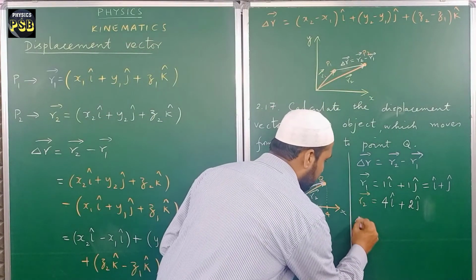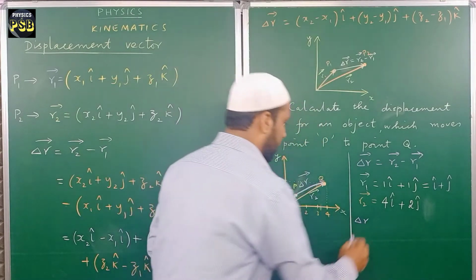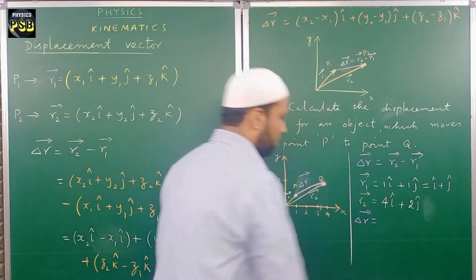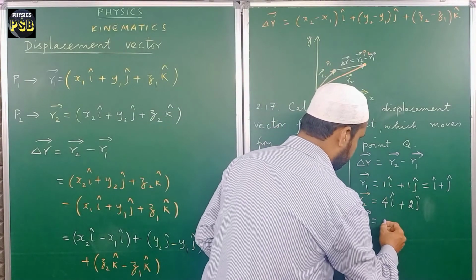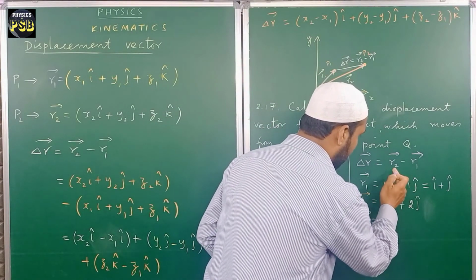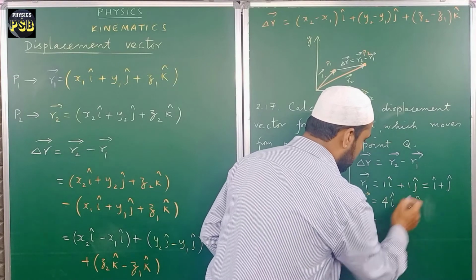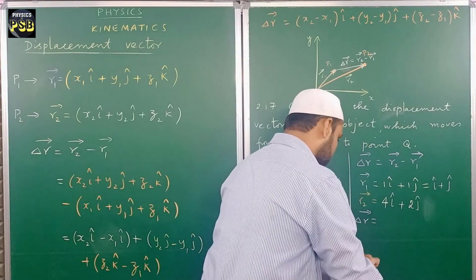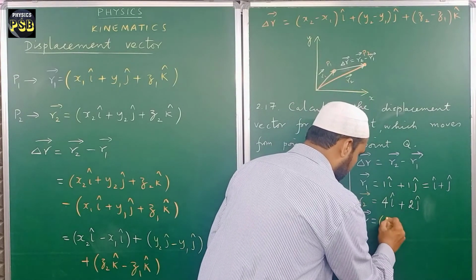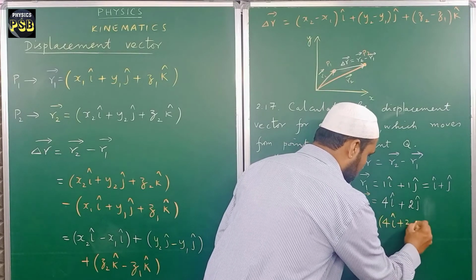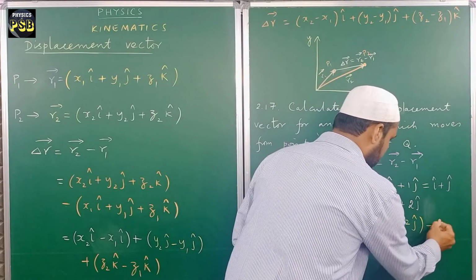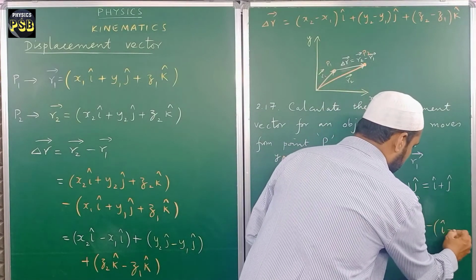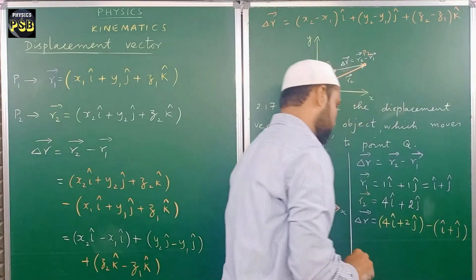Now from this I am going to get the delta R vector, which is going to give me the displacement vector, delta R vector. So see, in the place of R2 vector I am going to write its value. What is that? 4I cap plus 2j cap minus I cap plus j cap.